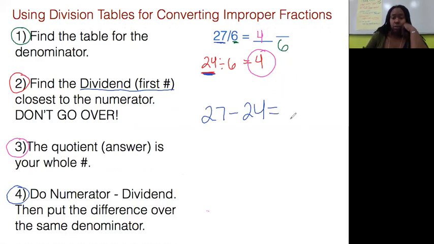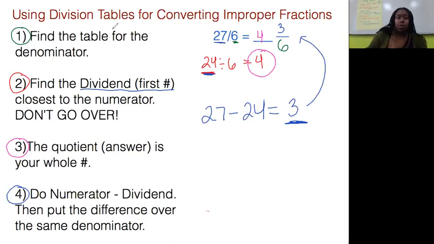And the difference, the answer that I get here, I'm going to put that over top of my denominator in my mixed number. So 27 minus 24 is, well, if I start at 24 and I count up, 24, 25, 26, 27, that's 3. So the difference is only going to be 3. And I'm going to take that 3 and put it on top of my denominator. So 27/6 is equal to 4 and 3/6. All right, there is my mixed number.